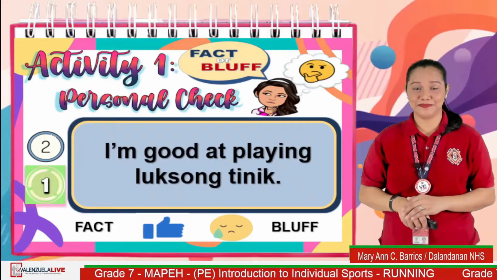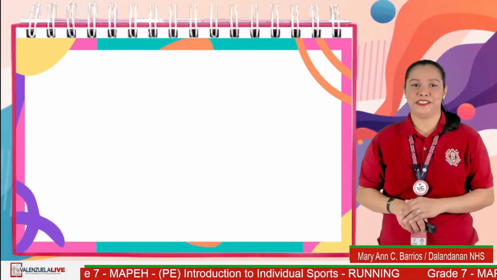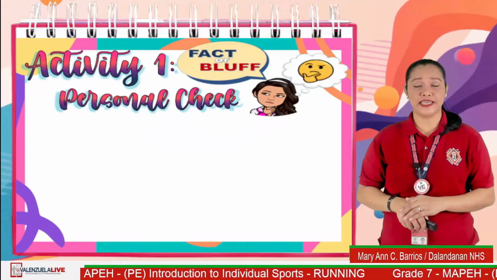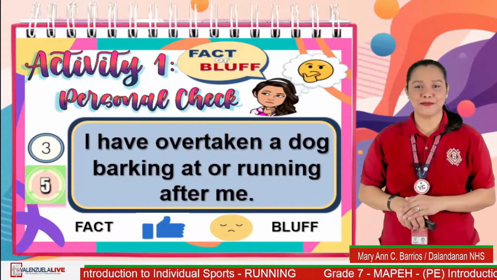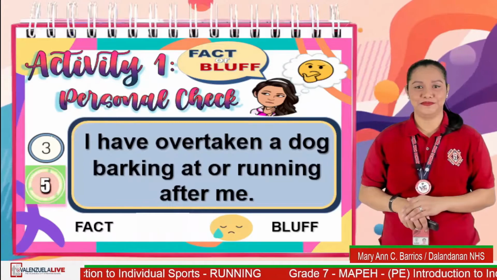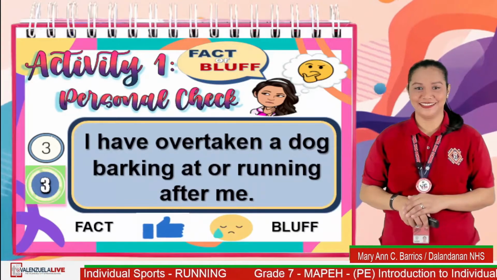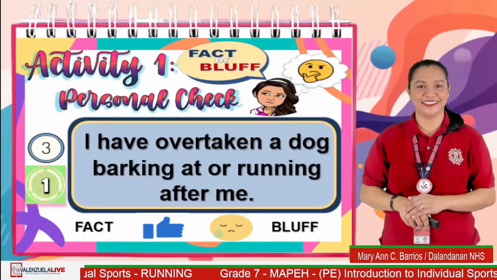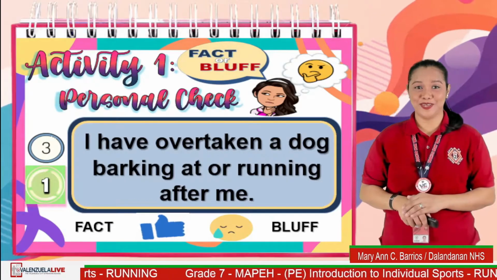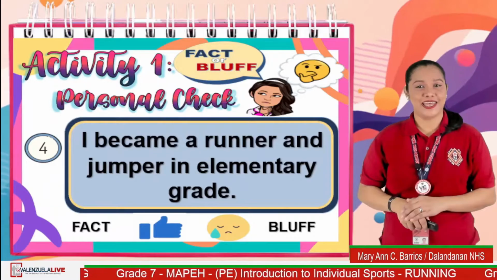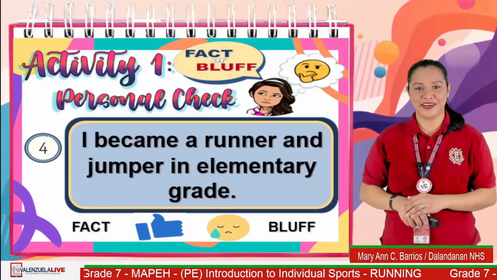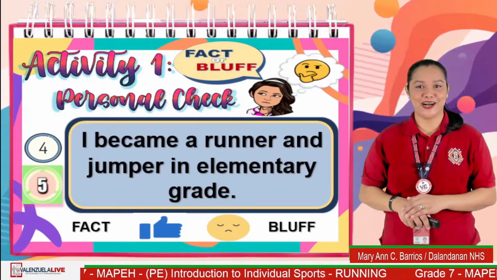Time is up. Next number 3. I have overtaken a dog barking at or running after me. Timer starts now. Time is up. Number 4. I became a runner and a jumper in elementary grade. Timer starts now.